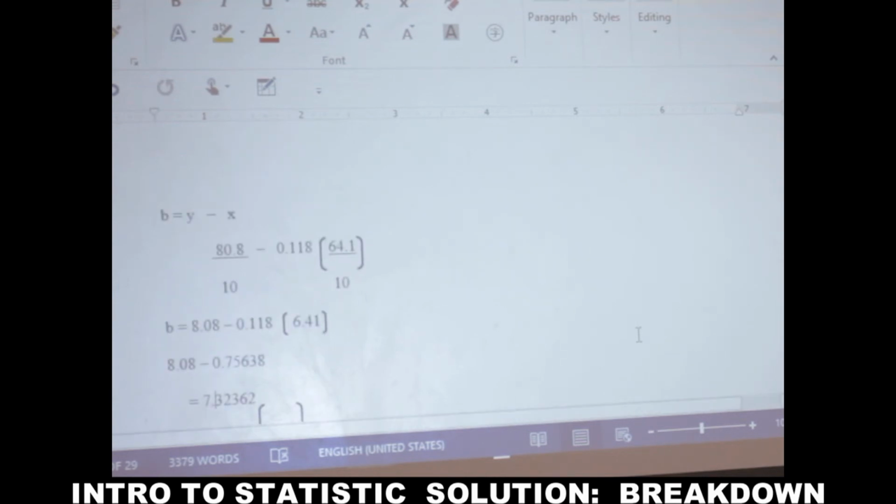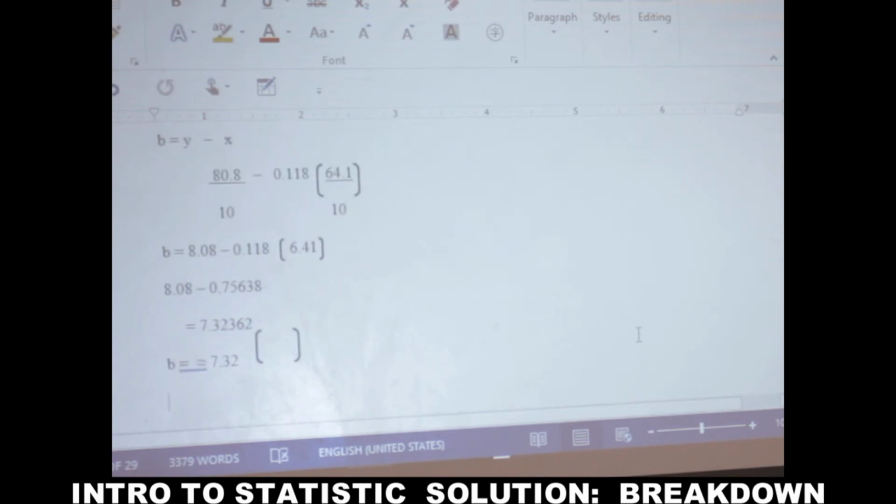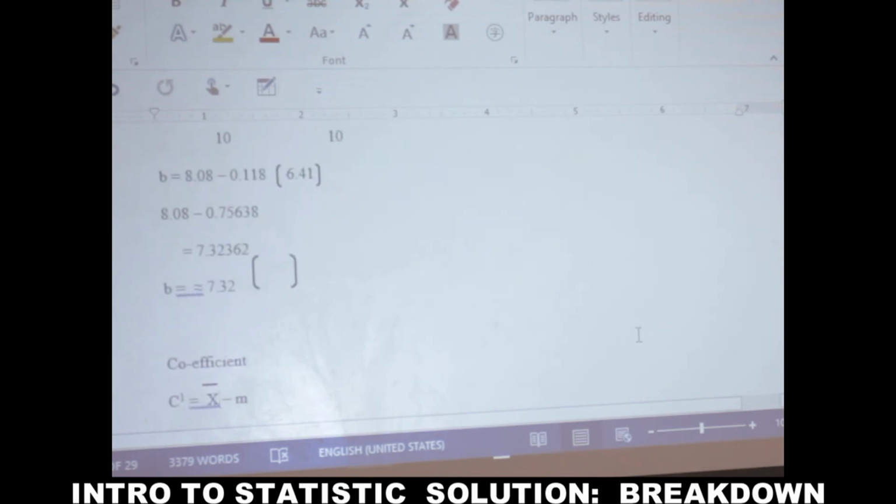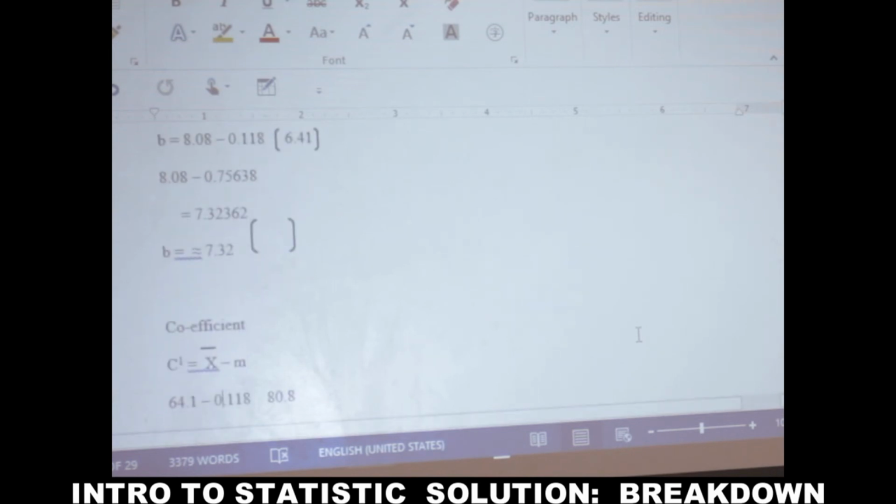Then we have 8.08 minus 0.118 times 6.41. If we multiply it, we have 8.08 minus 0.75638. If you minus each other, you have 7.32362 as your answer. If you approximate, you have 7.32.